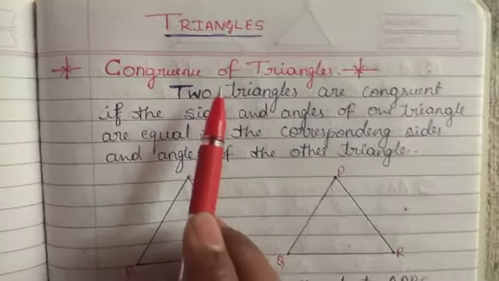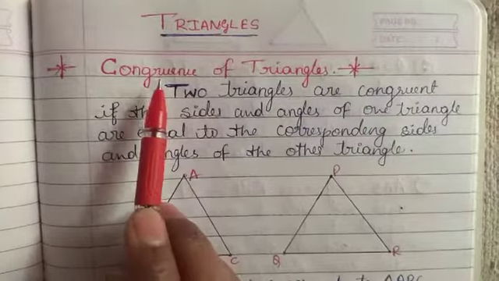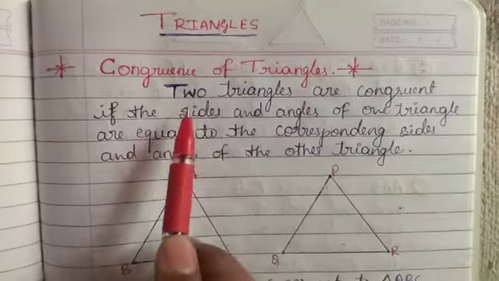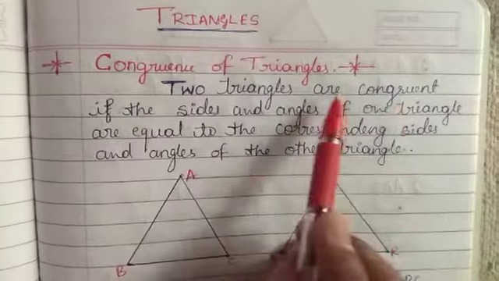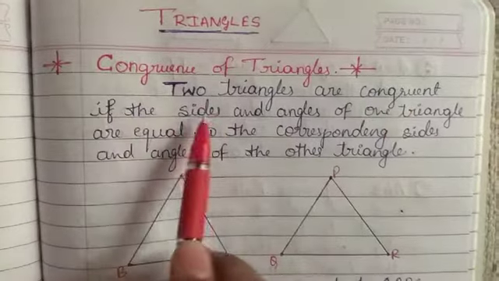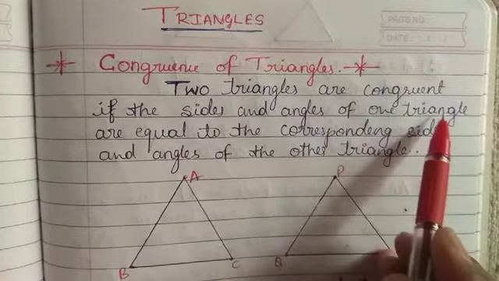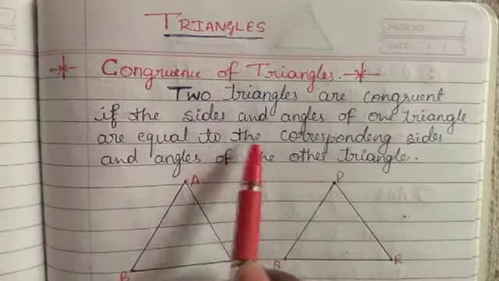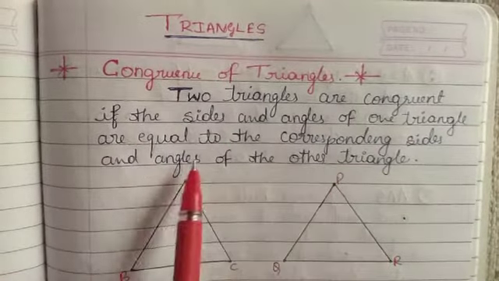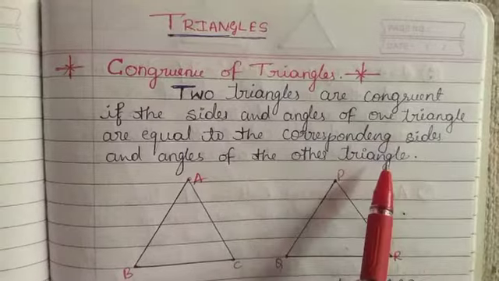Okay, let's start. What is meant by congruence of triangles? Two triangles are congruent if the sides and angles of one triangle are equal to the corresponding sides and angles of the other triangle.